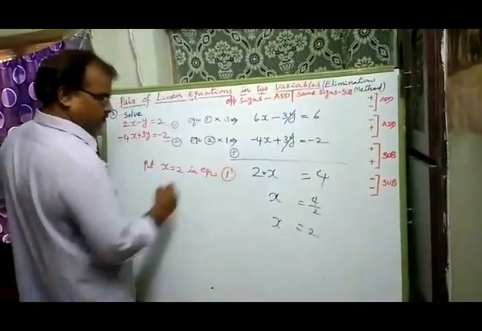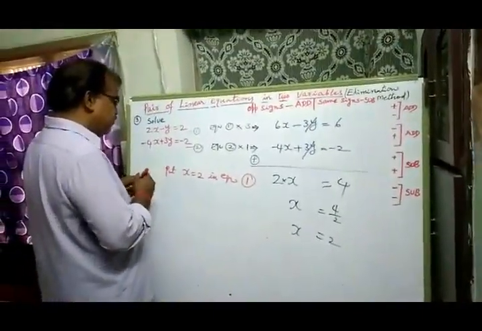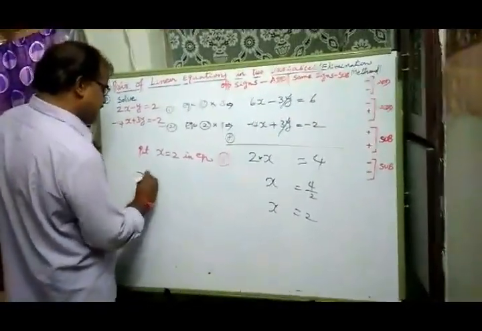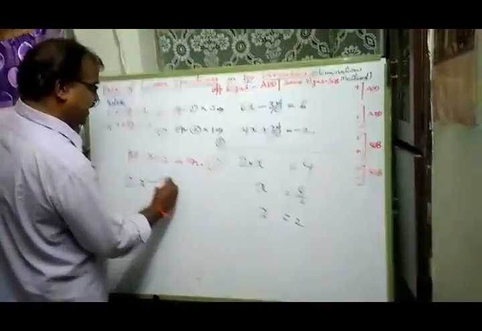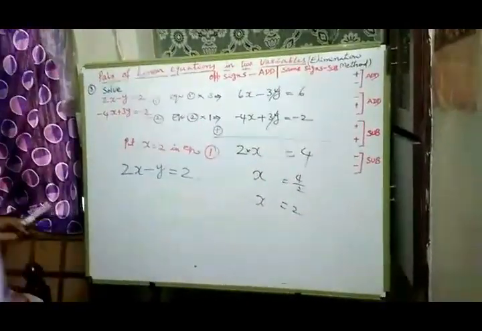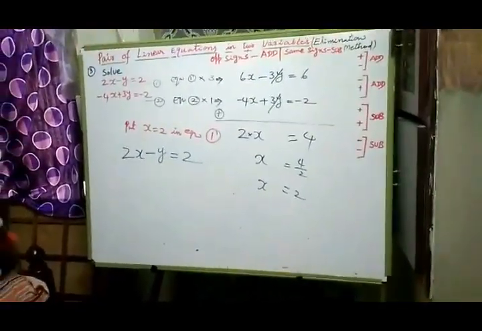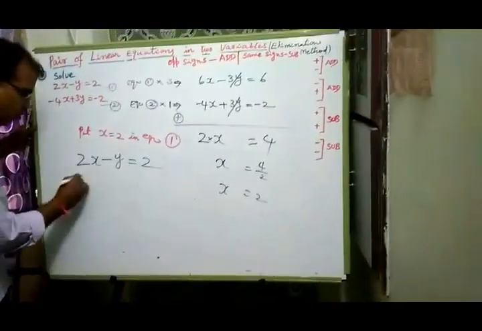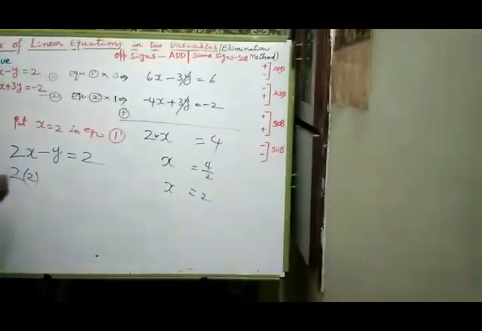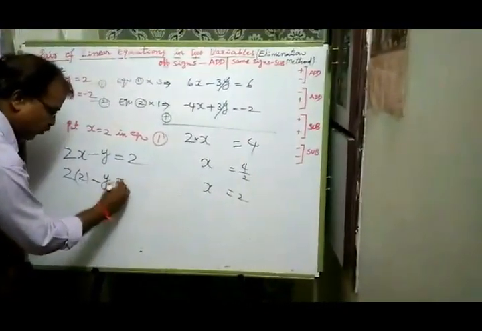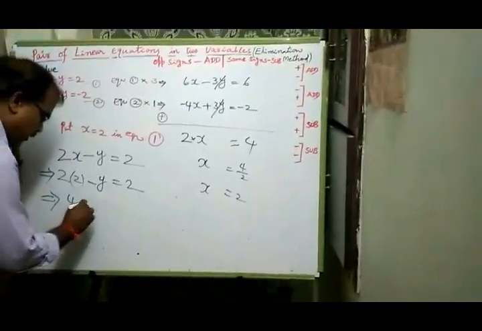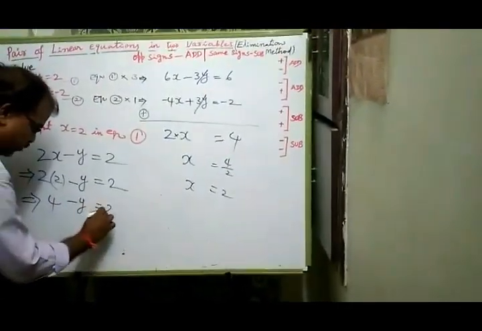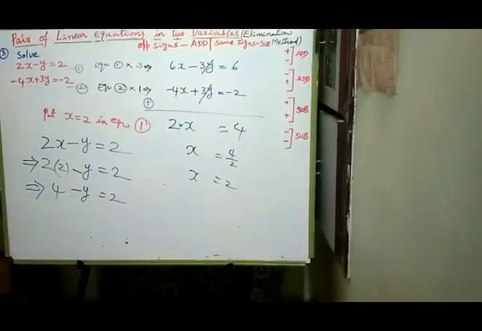In equation 1, therefore, 2x minus y is equal to 2. x is equal to 2, so 2 into 2 minus y is equal to 2. 2 into 2 is equal to 4. 4 minus y is equal to 2.